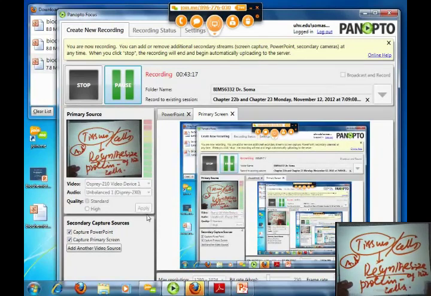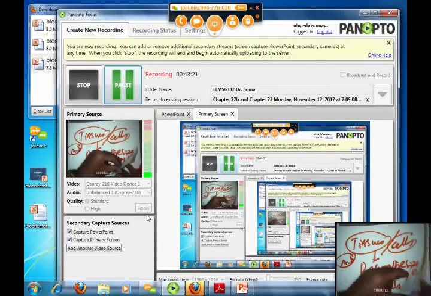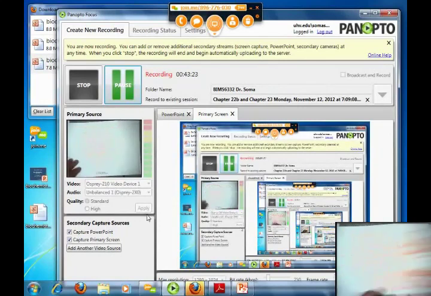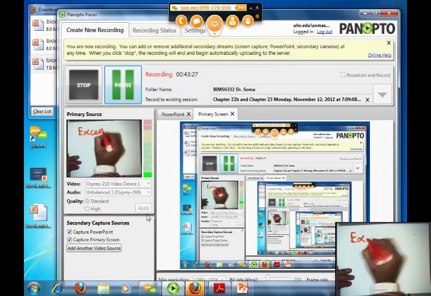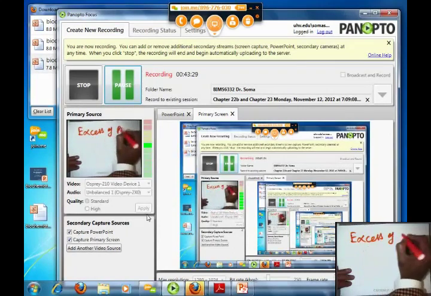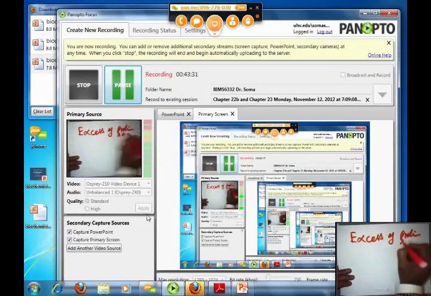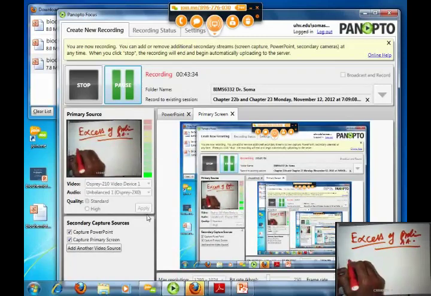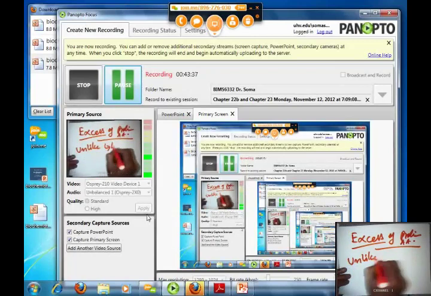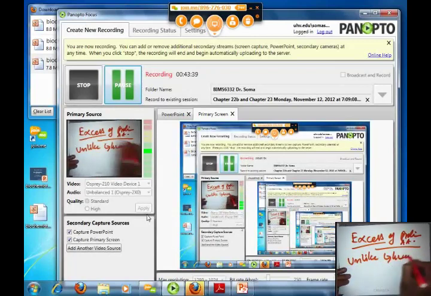But in excess of amino acids, what will happen? Unlike glucose, unlike fatty acid, what will happen to excess protein or amino acids? If you have excess glucose, that is transformed to glycogen.